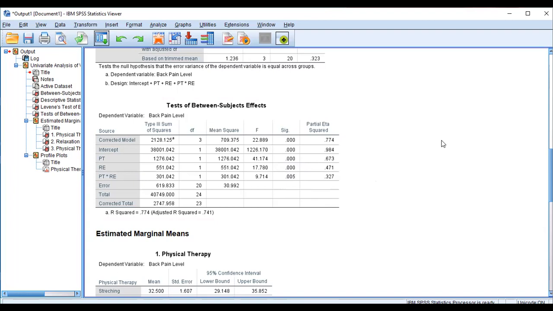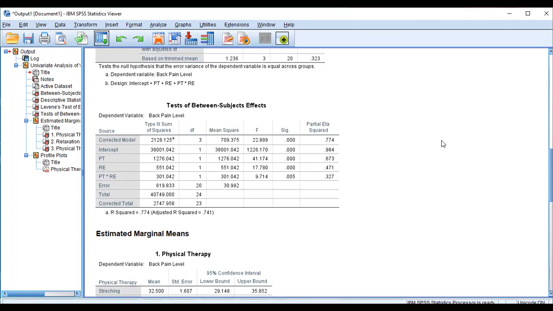We are accepting that there is a significant difference between physical therapy conducted through stretching or through strengthening and the pain level of the patients.